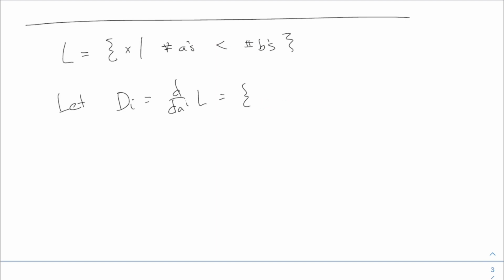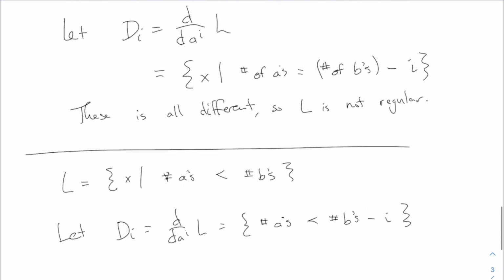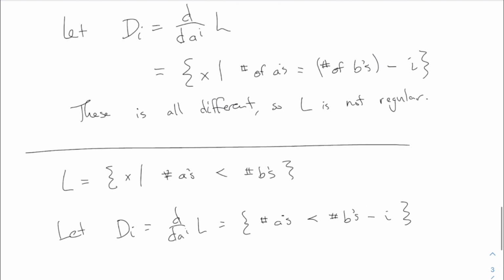You can say it like this: now the number of A's is less than the number of B's minus i. This is exactly the same as the previous example, only I'm using a less than sign rather than an equal sign. It's a little more confusing, but all the reasoning works exactly the same way.